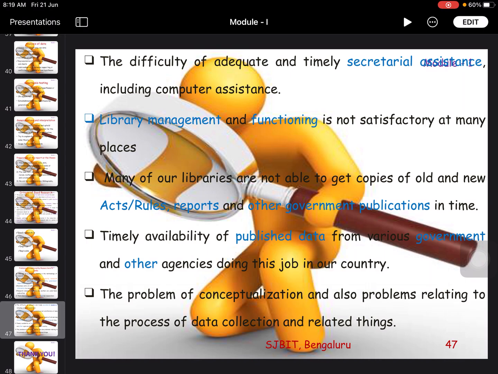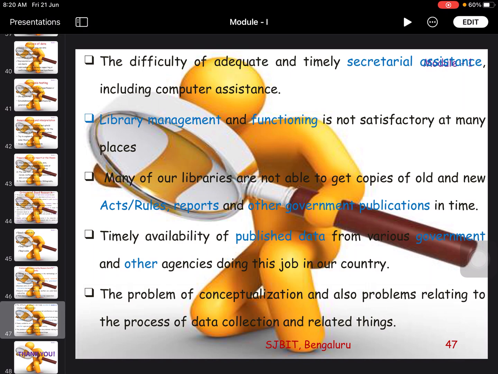Study materials such as acts and reports which were previously conducted help in further understanding. There is also a need for acts, rules, and other government publications in time. Timely availability of the published data will be useful, and other agencies doing this job will help in carrying out the research effectively.